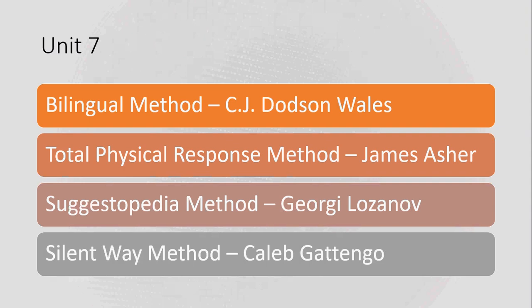So in the total physical response method, like I told you, listening is given importance, and all other skills, reading, writing and speaking, come later. The child is first taught through listening. They are either played cassettes, recordings, or they listen to the teacher, and then they start understanding what the teacher is trying to convey.